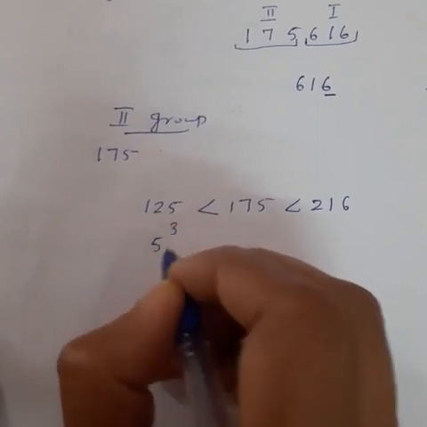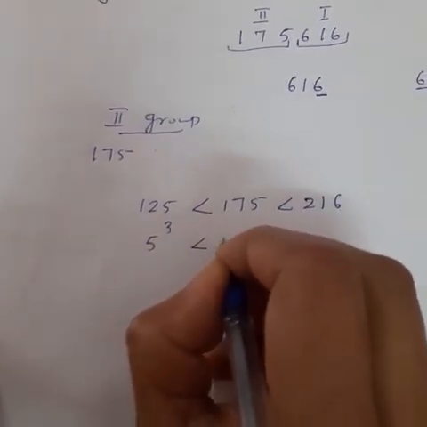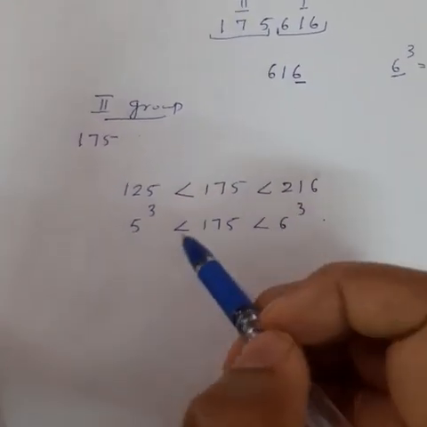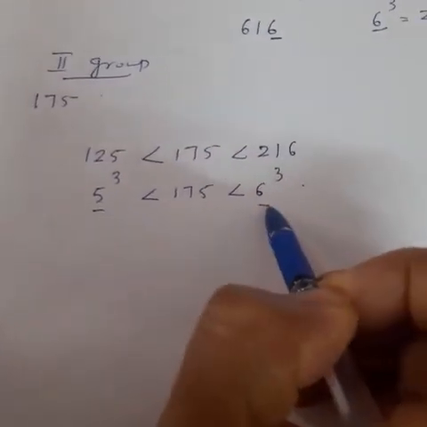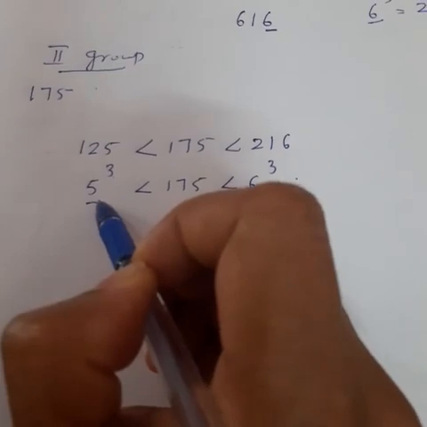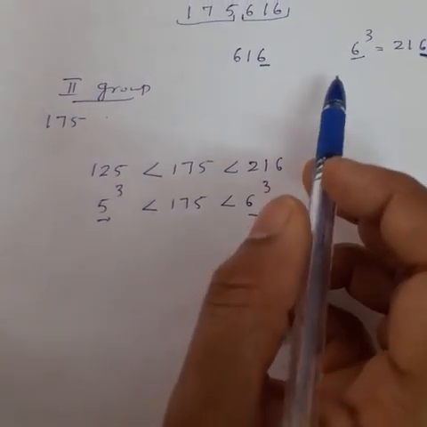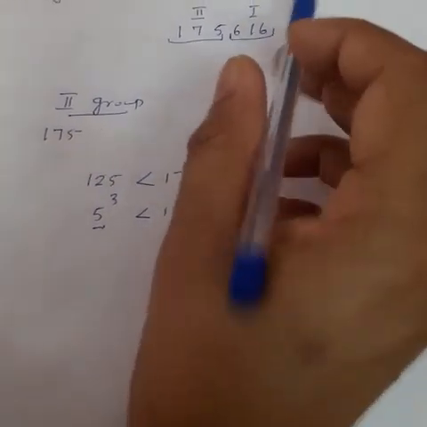And we can write 5 cube less than 175 less than 6 cube. So the smaller number between 5 and 6 is 5, which qualifies for the tens place of the cube root. So we got the tens place of the cube root of this number.